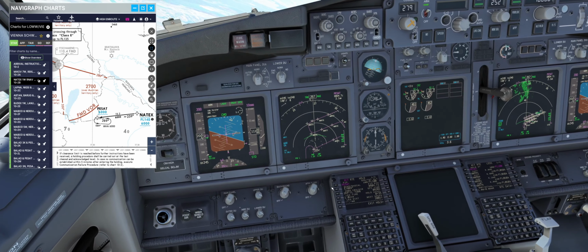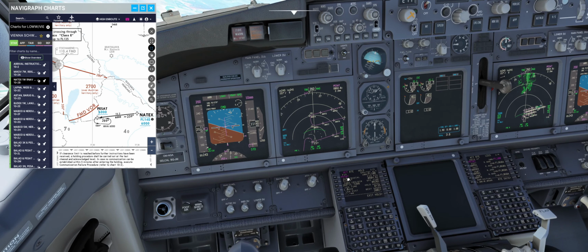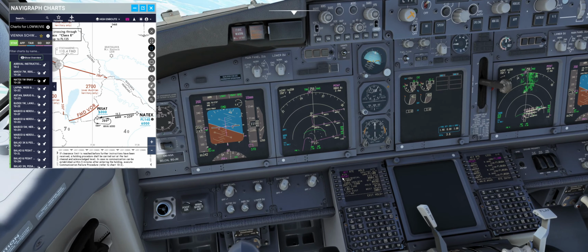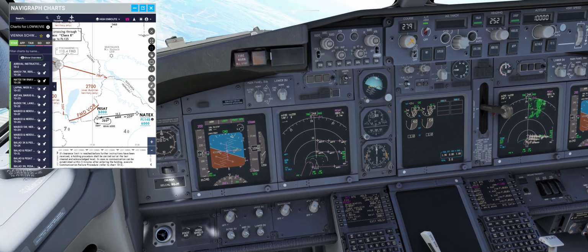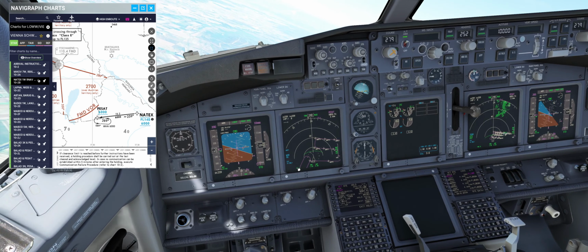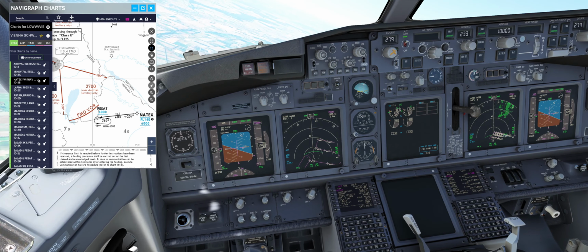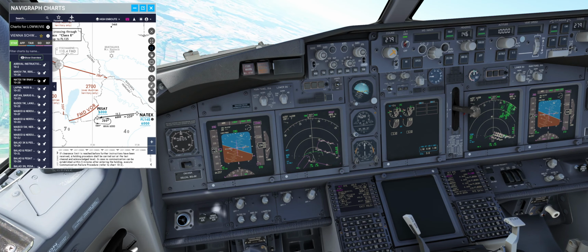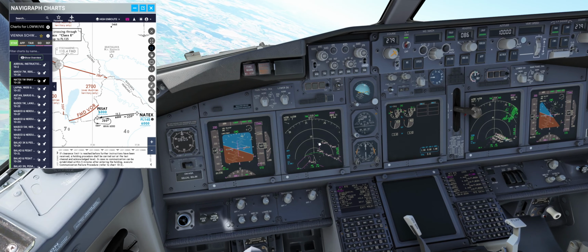So we overshoot the PSAT point a little bit, but now you can see the PSAT is right now amber, so that means that it's active already. And we are descending to flight level 100. And always when you are in holding, adjust your speed back into the direction you are holding.